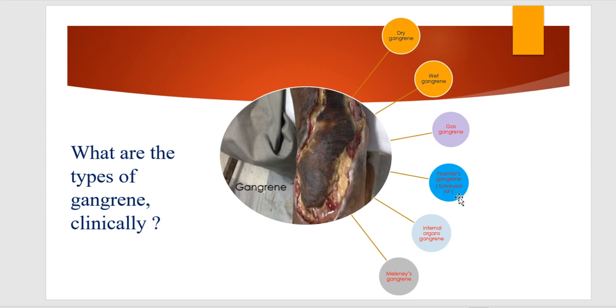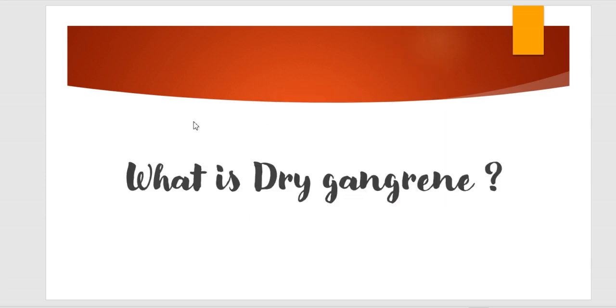So this is the fourth video, and this is the third video, and this is the second video we are discussing here, and we'll cover dry gangrene and wet gangrene. Okay, so what is dry gangrene? Clinical types, 6 important types.